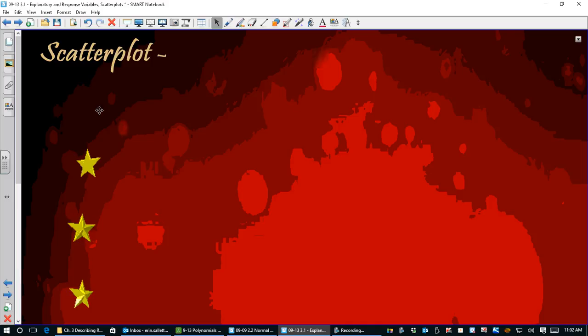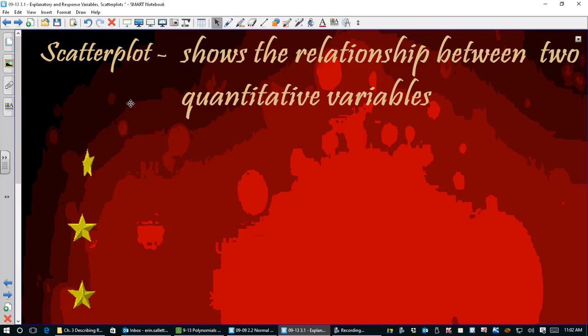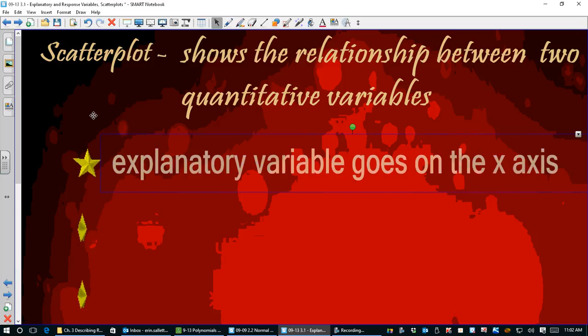A few things that we need to keep in mind. We are using these variables to create a scatter plot. And the scatter plot shows a relationship between two quantitative variables. So our explanatory and response variables are quantitative variables, and the relationship between those two will produce our scatter plot. A few rules about your scatter plot. Your explanatory variable is going to go on the x-axis, always, always, always. And then that means your response variable will be scaled on your y-axis.